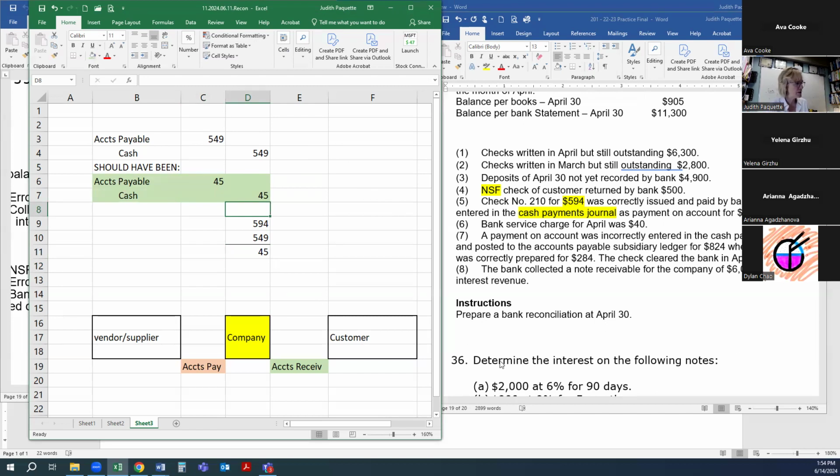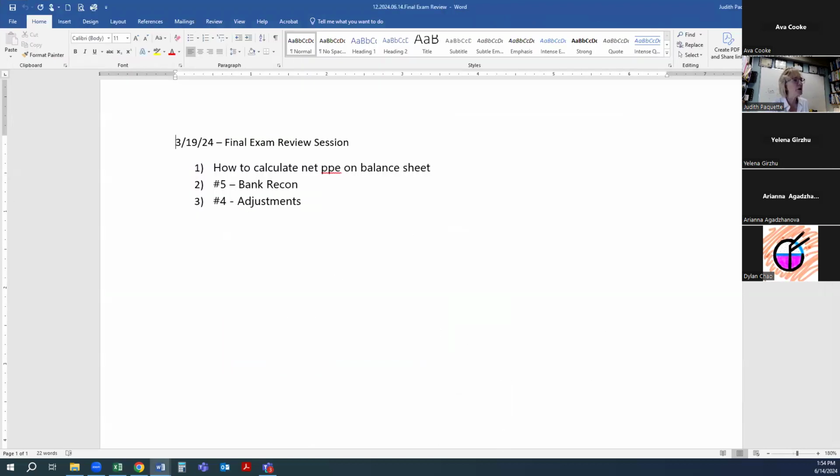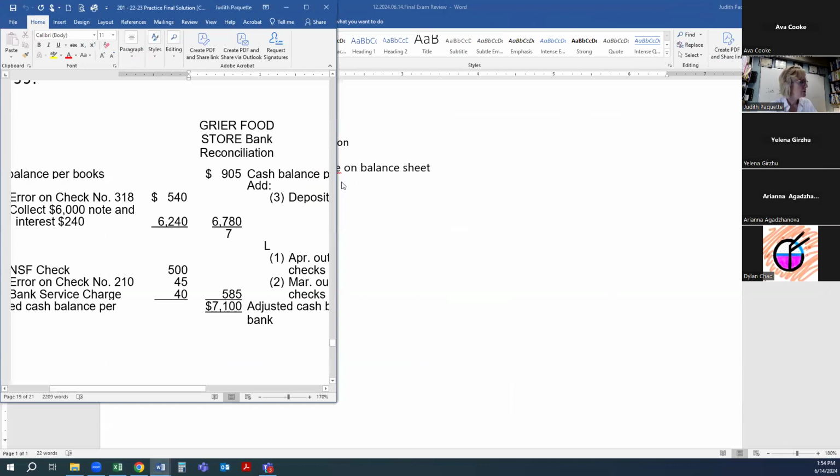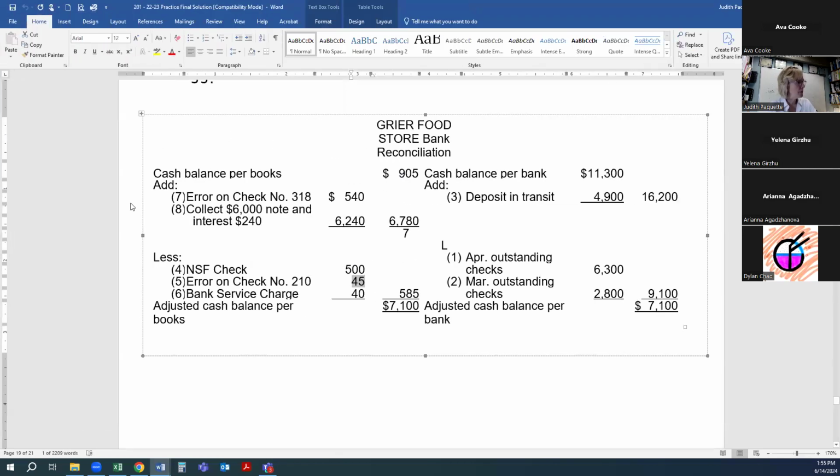So that is why the solution has this 45 there. What is it saying? It's saying, and I've got the books on the left side, that I've got to subtract an additional $45 because I didn't record that correctly.